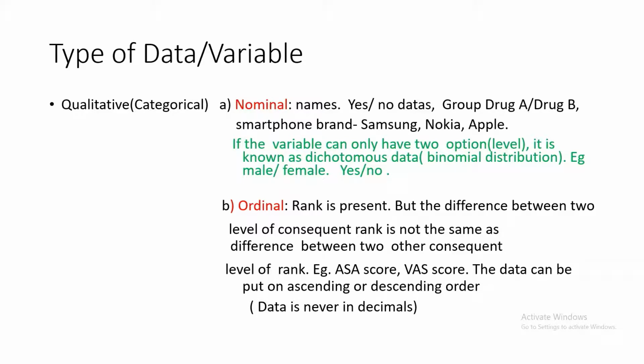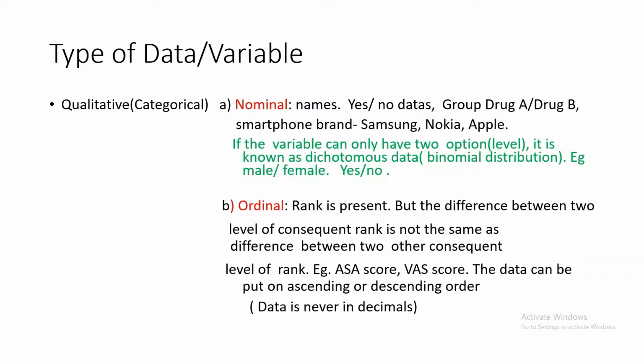And if we look for side effects of some drugs in the post-operative period, either there is a side effect yes or there is a side effect no. If we collect data like that, then that becomes dichotomous data. So now moving on to ordinal data.